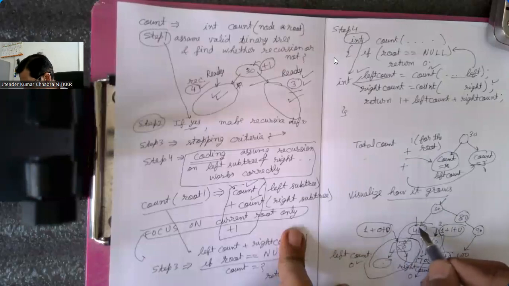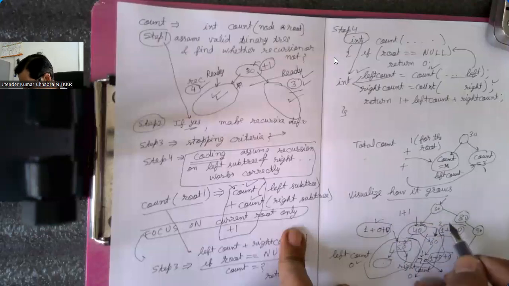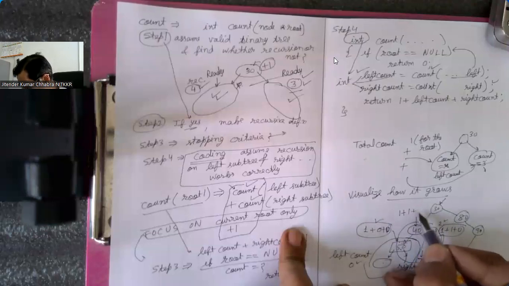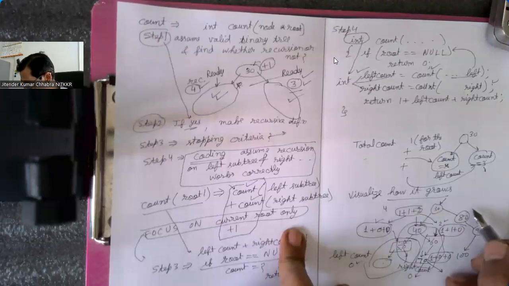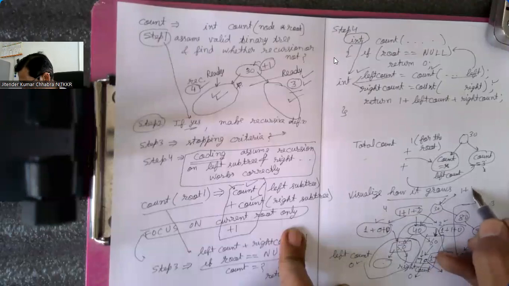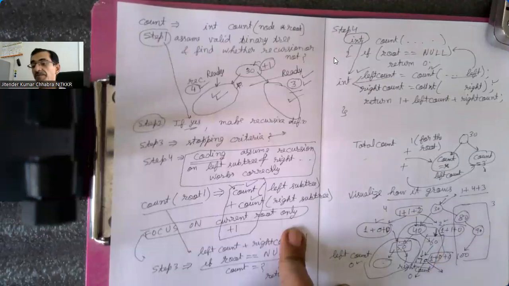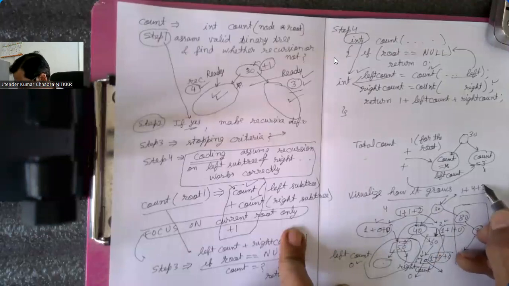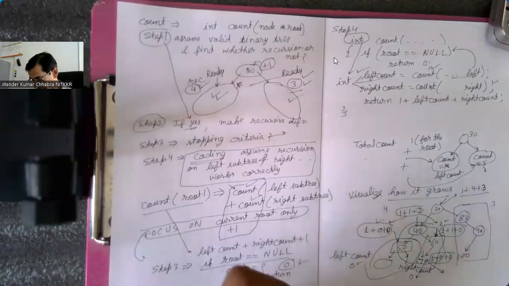And accordingly, now I reach here. This count 40 will return 1 for the root, left side count to be 1, right side count to be 2. So this 1 being used, this 2 being used, this overall becomes 4. Similarly, from this side, it will come as 3, and then this will return 1 plus 4 plus 3. And this is how my overall count will be computed and processed.